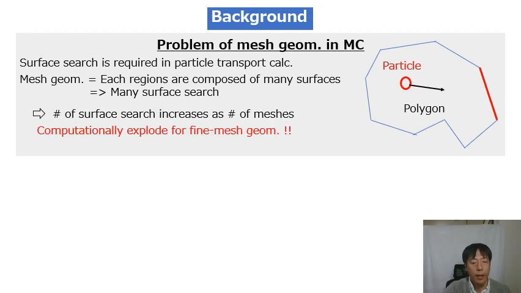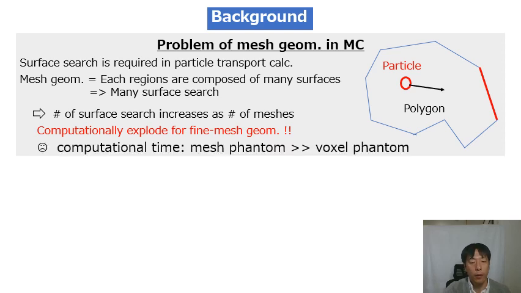When the number of meshes increases with the complication of the object, the number of surface searches increases. This means a computational explosion for fine mesh geometry. Because of this, mesh phantoms require more computational time compared to voxel phantoms in Monte Carlo simulation codes.